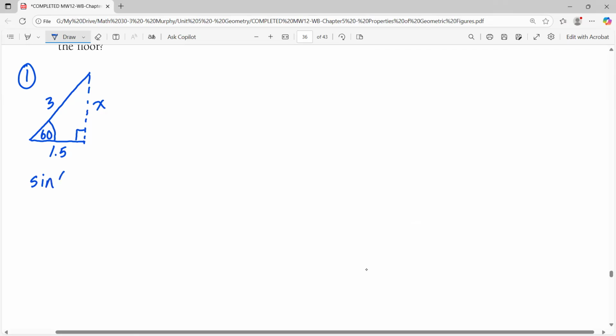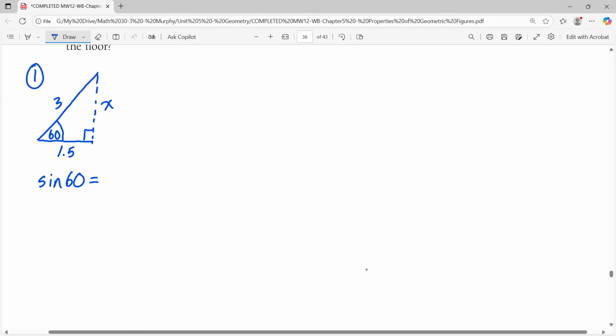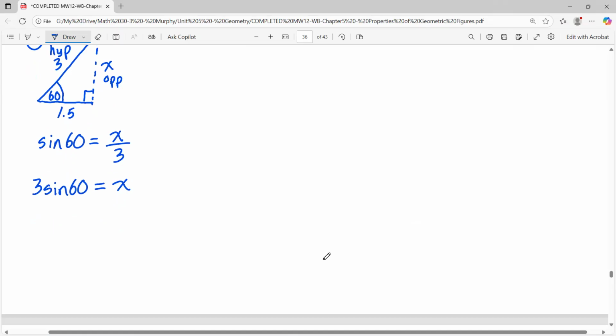Sine 60 equals opposite over hypotenuse. I'm going to multiply by 3 on both sides. So you should know how I've gotten to here. Or just simply cross multiply.